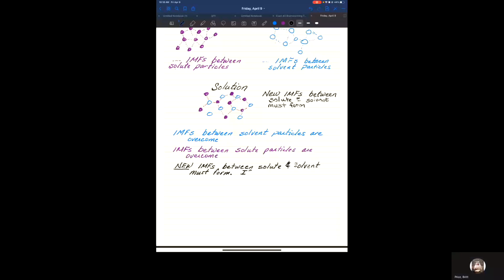If the IMFs formed aren't sufficiently strong, then the solution won't form.